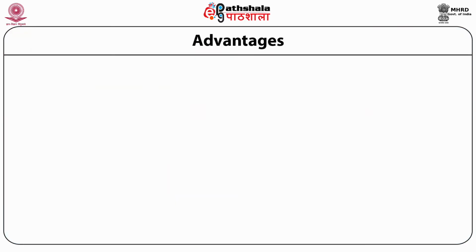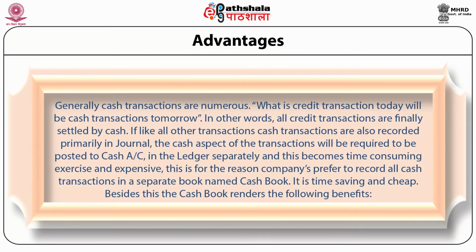Advantages: generally, cash transactions are numerous. What is a credit transaction? Today's credit will be a cash transaction tomorrow. In other words, all credit transactions are finally settled by cash.